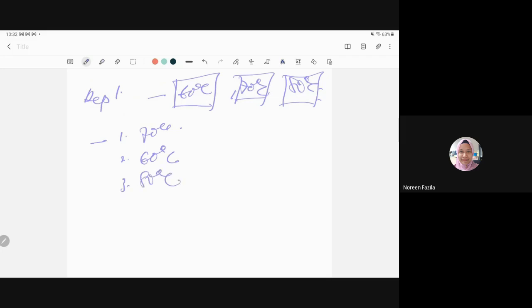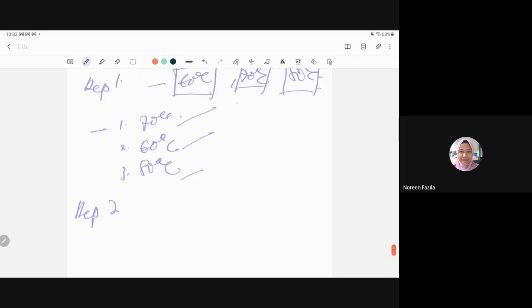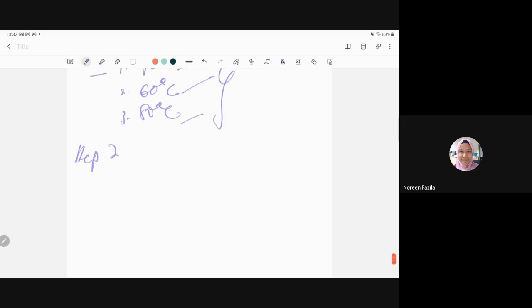So in the lab, you do this first, this second, this third. That is what is called randomization, for Rep 1. For Rep 2, don't follow this sequence. Another randomization sequence, pick straws again. Maybe this time around, it will come out as 80 first, 70 second, and 60 third.